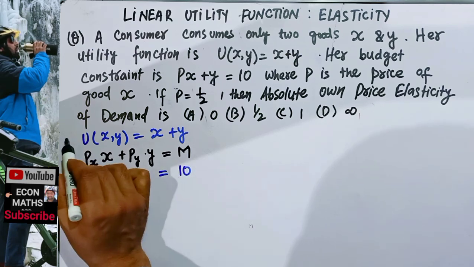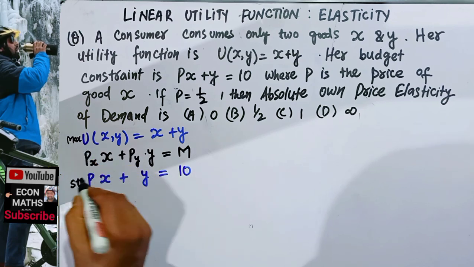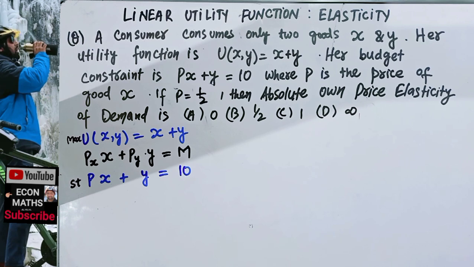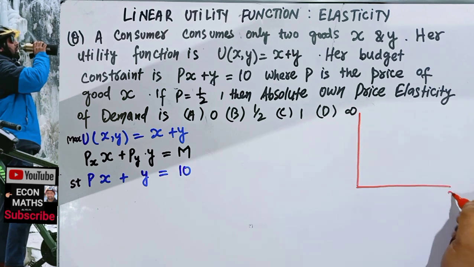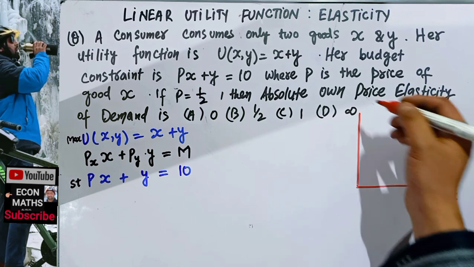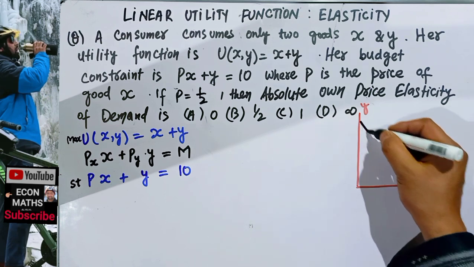Consumer wants to maximize utility function subject to this budget constraint. Now if I draw the graph, it will make more sense. We have units of good x on the horizontal axis and units of good y on the vertical axis. If I plot this budget constraint here, let us say this is our budget constraint.